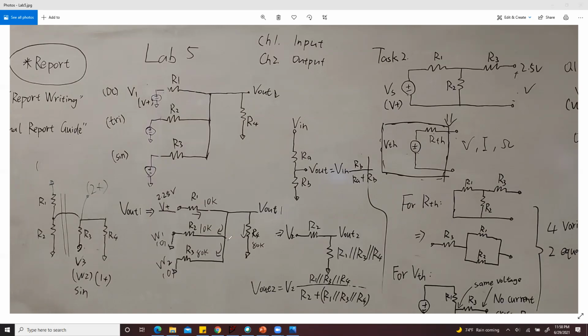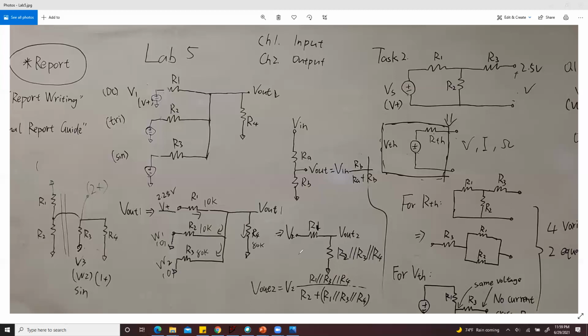And then you do the calculation. We can transform this circuit to something like this. When this is the only input, the current will go to R1 first. So this will be R1 right here. And then the current will go to R2, R3, and R4 at the same time, which means R2 will be parallel with R3 and R4.